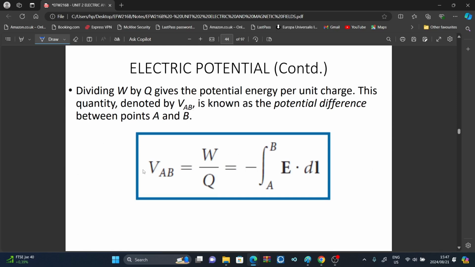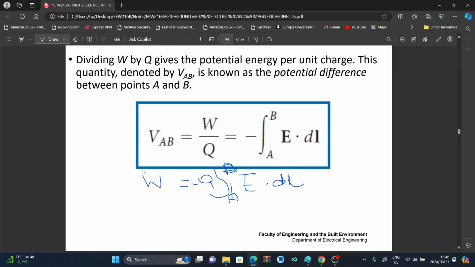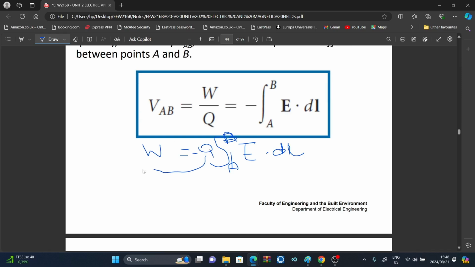So let's say with this formula, that is B and this is A, you will find E times dl. Using this, you will find your work done. Then if you divide everything by Q, on this side as well, 1 over Q, then you will find the voltage across the system.